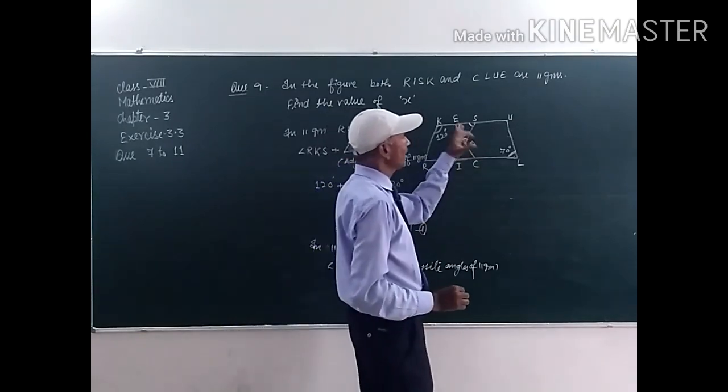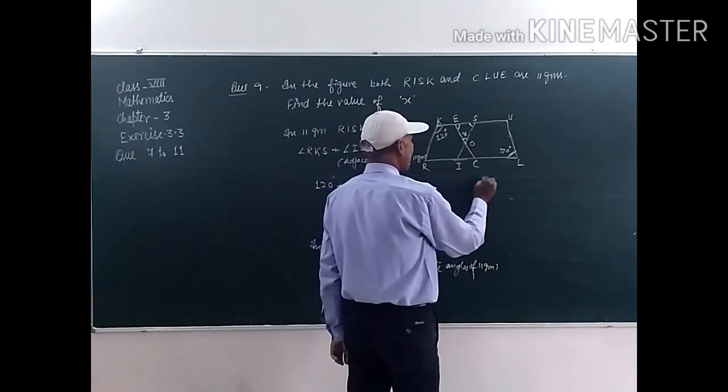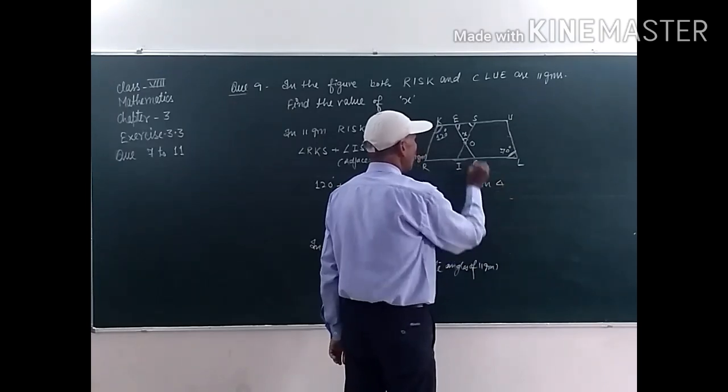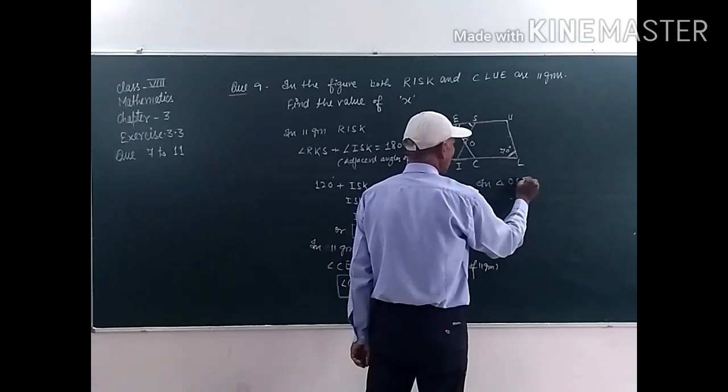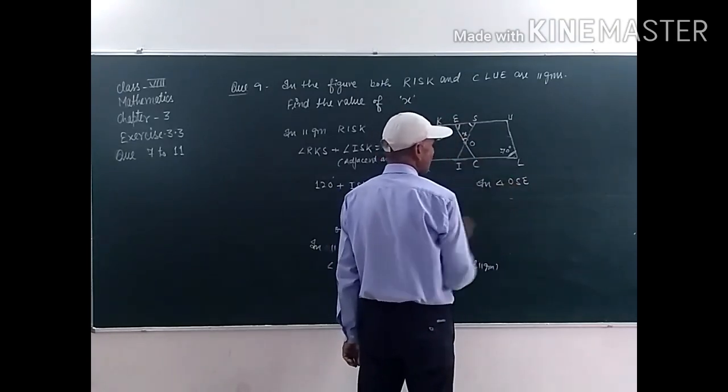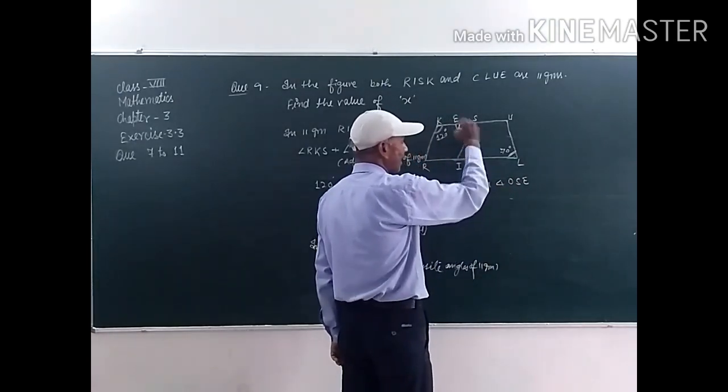Now we have to take this triangle, student. In triangle OSE, this one is triangle, student. OSE is a triangle.